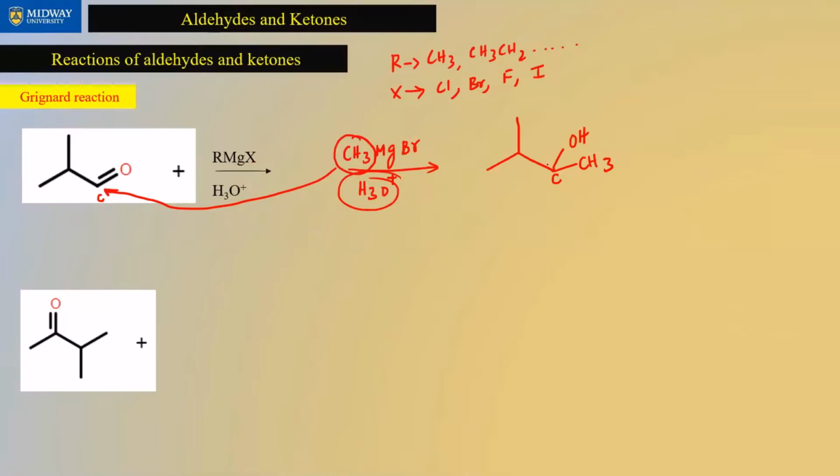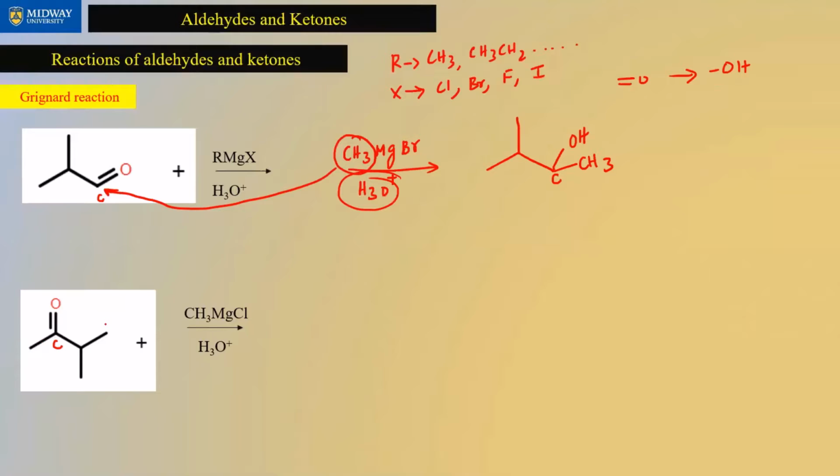So replace the double bond O with OH, and then whatever the R value is gets added to the carbon that was containing the double bond O. So I have another reaction for you. Using this idea, replicate this and do it for the ketone. Again, the carbon containing the double bond O is the focus. The rest of the compound has no bearing on how this reaction will be carried out.